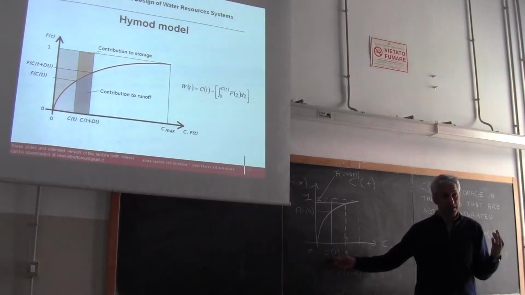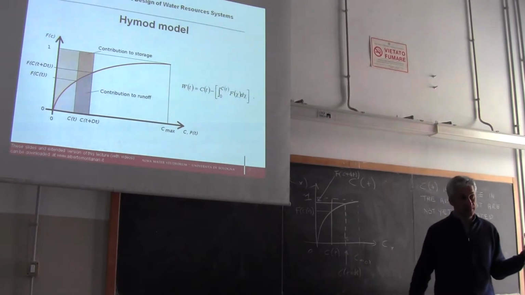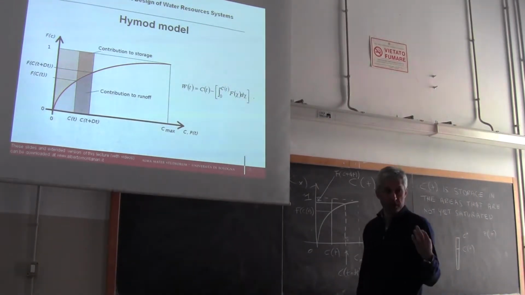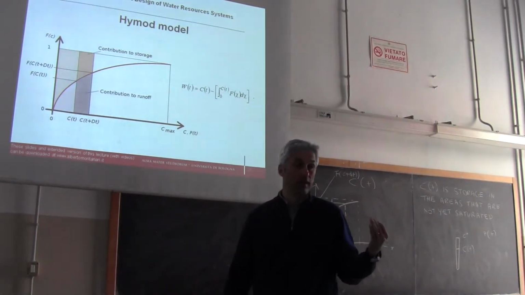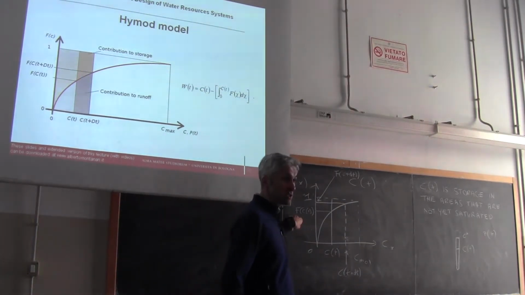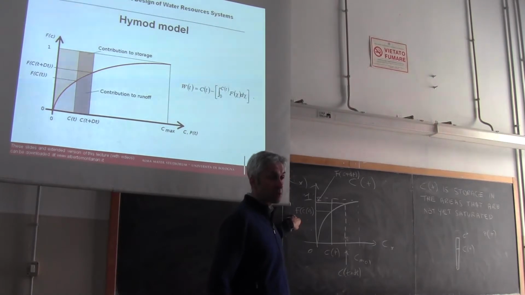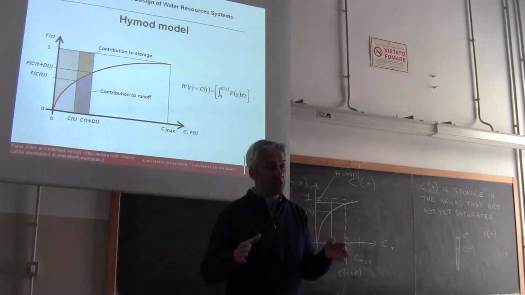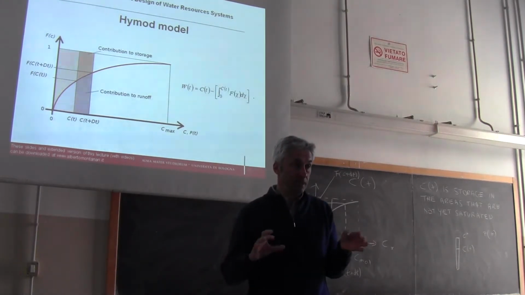This is nothing else than the percentage of the area of the catchment that is saturated. Because if you have a potential storage that is lower or equal than rainfall, basically FCt is telling me what is the percentage of the area of the catchment that is saturated.